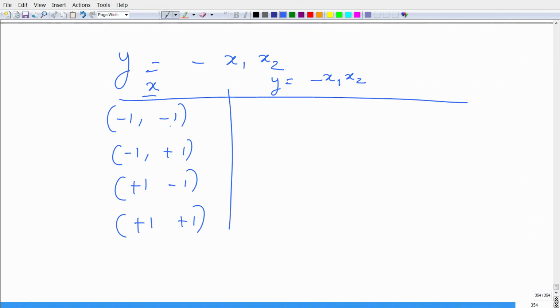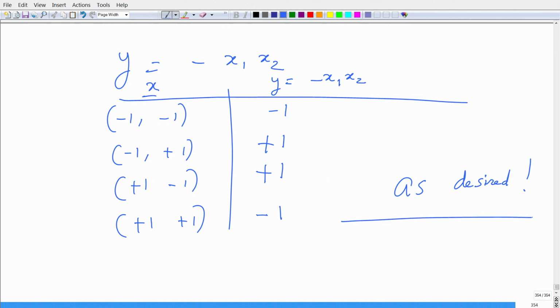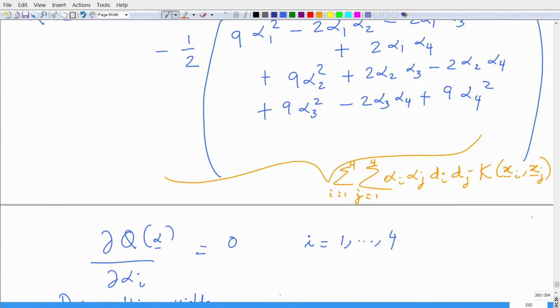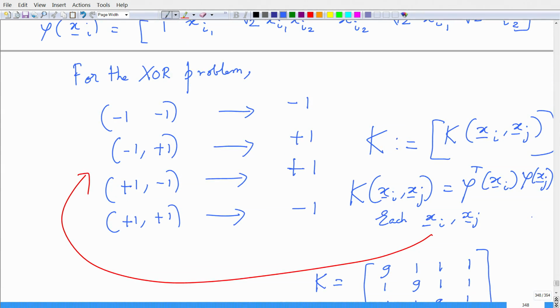For minus 1 minus 1 I get a minus 1, for a plus 1 plus 1 I get a minus 1, for the other two terms I get a plus 1. This is as desired from my very first step, right. So, I started off with the XOR response in this manner.